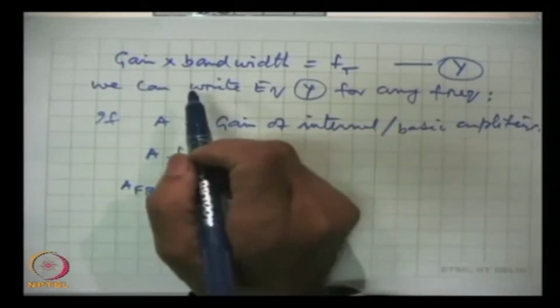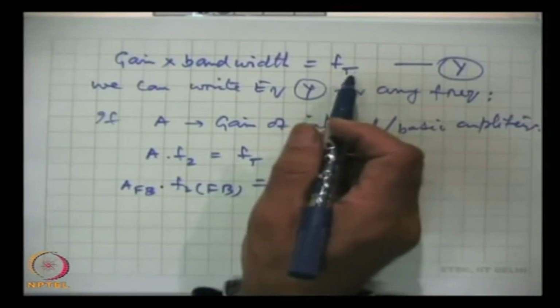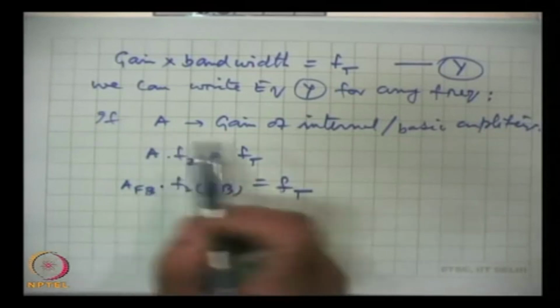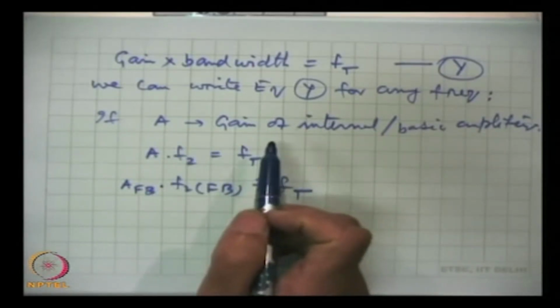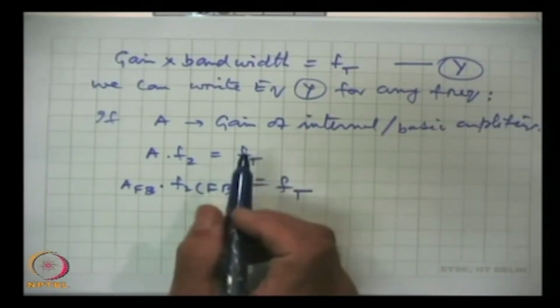Now, this equation, gain bandwidth product is constant and equal to ft, can be written for any frequency. So, first is A, the gain of the internal amplifier, the amplifier which is not yet using the feedback.